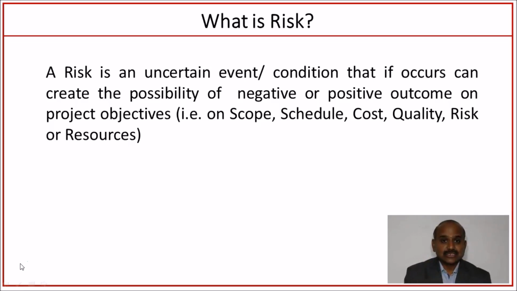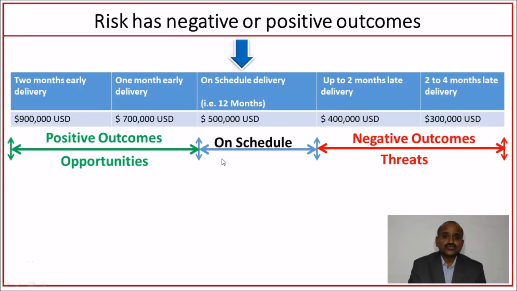Let us understand this concept using an example now. Let us suppose we are undertaking a fixed bid project where we agreed to complete the project within 12 months and the fee awarded is $500,000. Suppose in reality our project is completed in 13 months, a delay of 1 month.